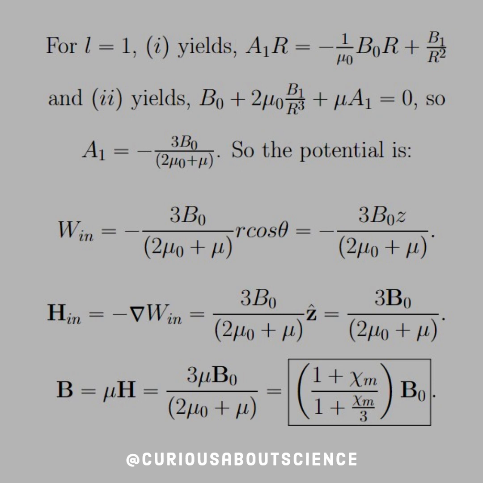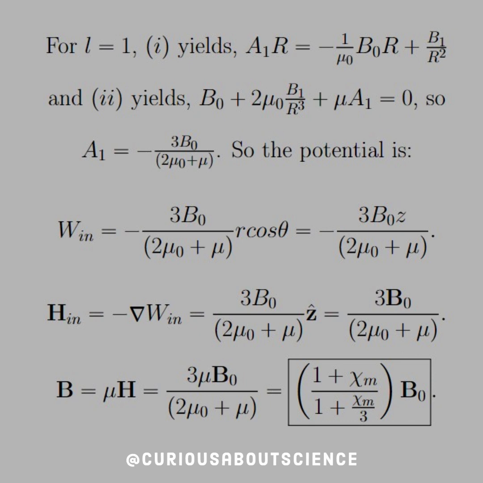Now, for the case l equal to 1, we have A1 R is equal to negative 1 over mu naught B naught R plus B1 over R squared. And 2 then yields B naught plus 2 mu naught B1 over R cubed plus mu A1 equals 0.